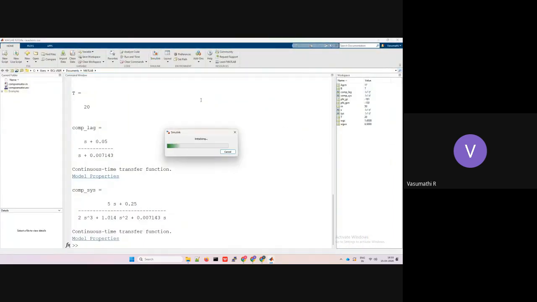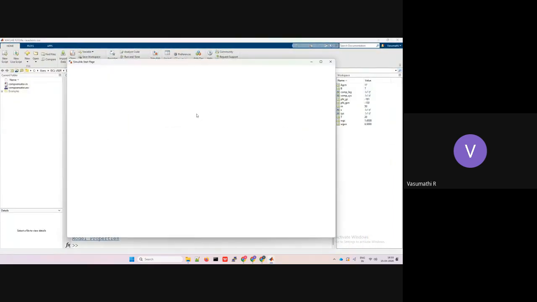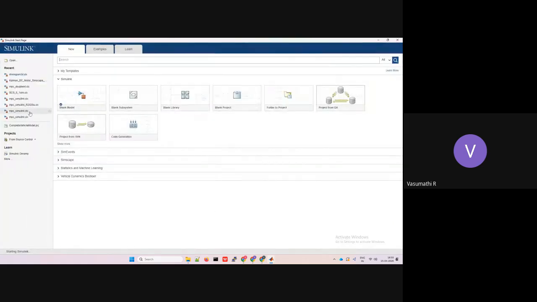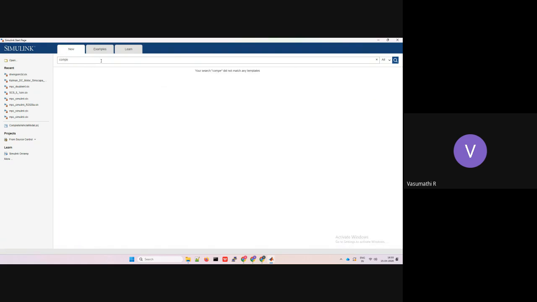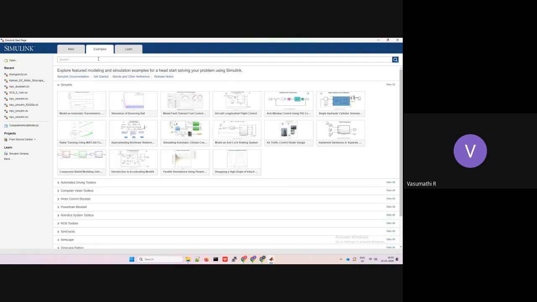If you go to Simulink, there are tools already available, under the software. If you install the Control Systems Toolbox, you will see some compensator design toolboxes, with examples you can see.